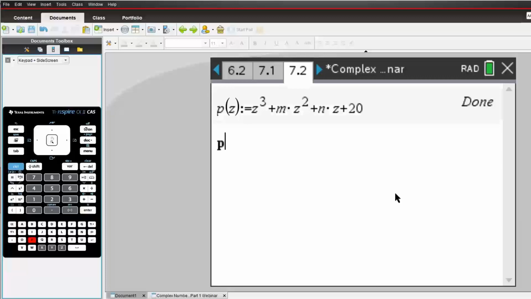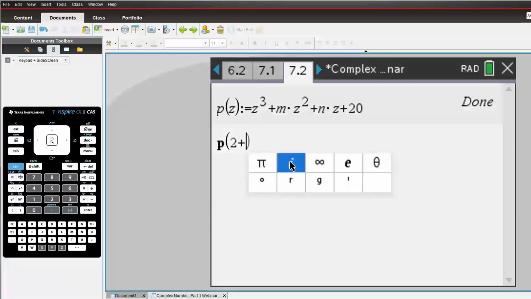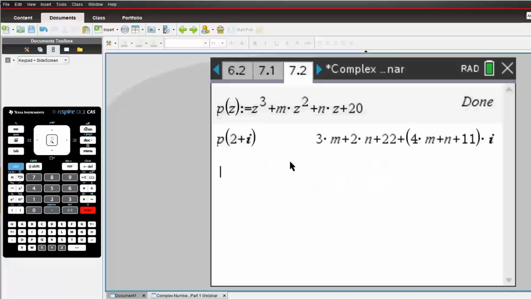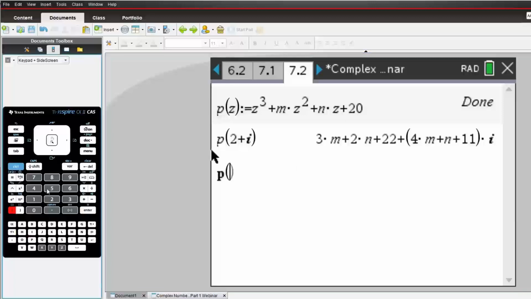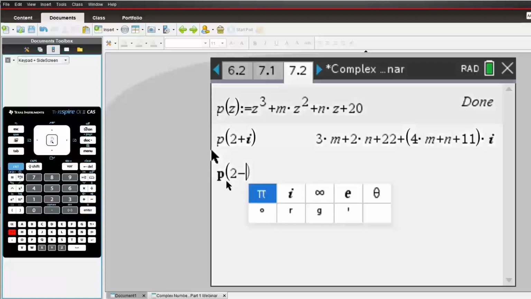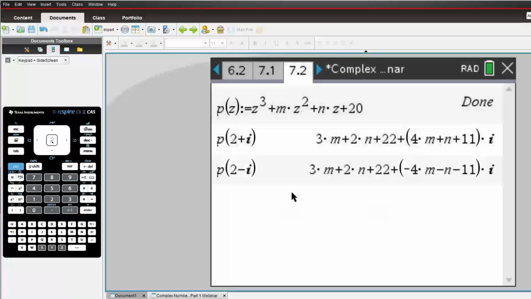Now again I can find p(2 plus i), and I can find p(2 minus i), because as we know, both of those are roots of this polynomial. Now, if they are roots, that means that, of course, those expressions need to be 0.